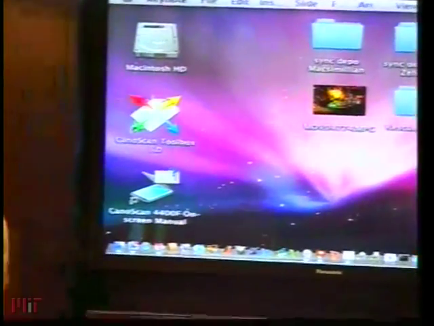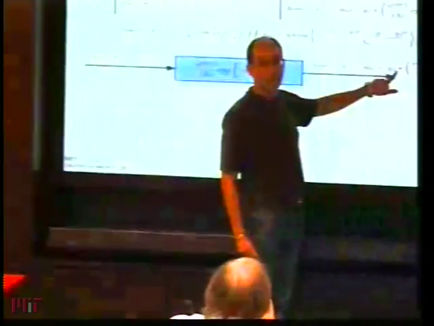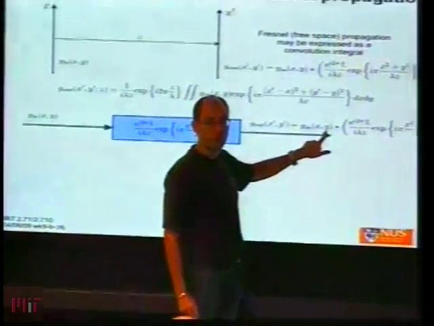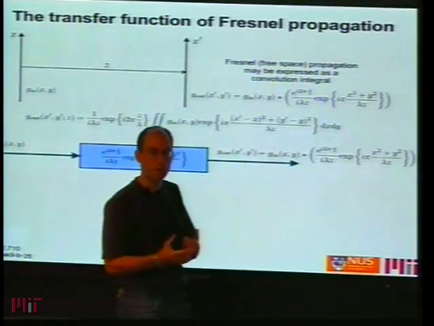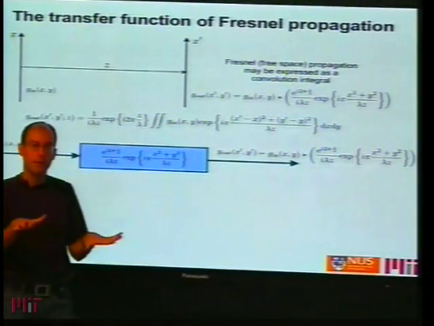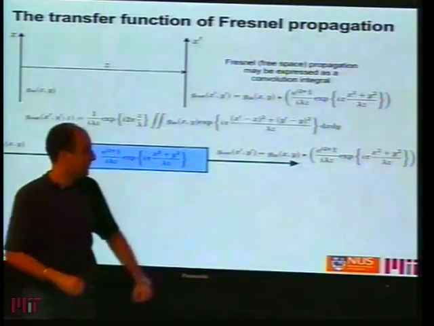In order to do that, let me show the Fresnel diffraction again. This we're familiar with. We said many times that Fresnel diffraction is expressed as a convolution that has to do with the Huygens wavelets propagating and producing spherical waves that again interfere. So the interference is expressed as a convolution integral.